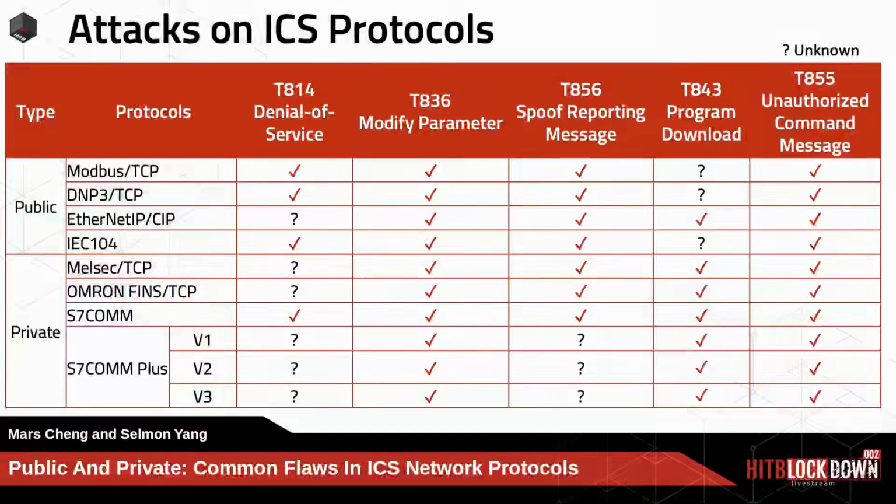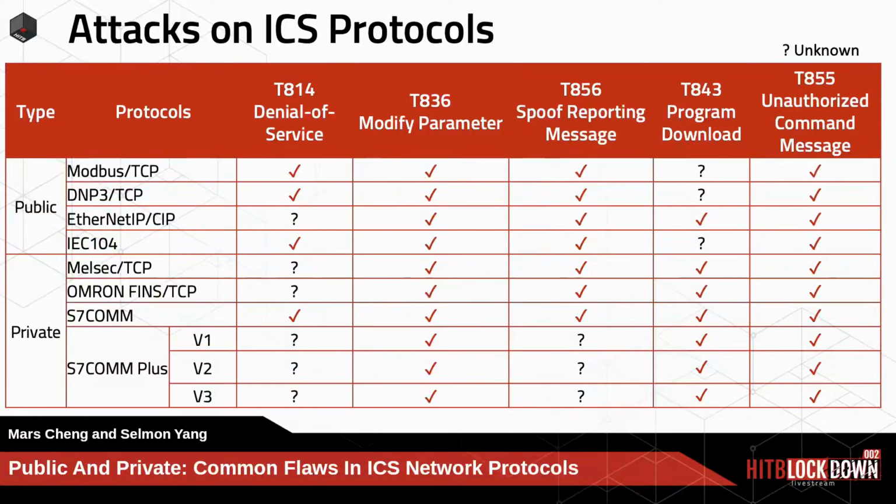Here is the table, where we map some techniques in the ATT&CK matrix, which show that there will be a problem with those communication protocols. Basically, the parameters of the 7 communication protocols we analyzed can be modified, and they can accept unauthorized command messages.